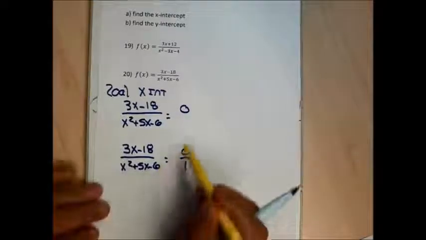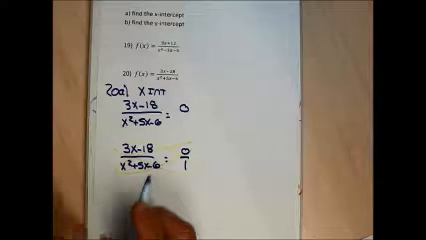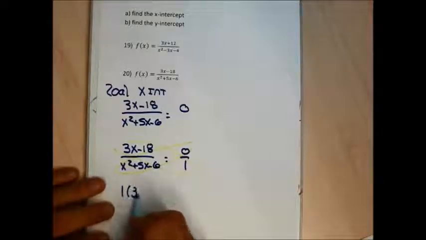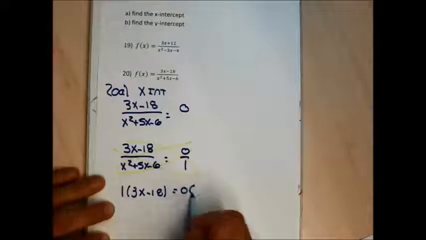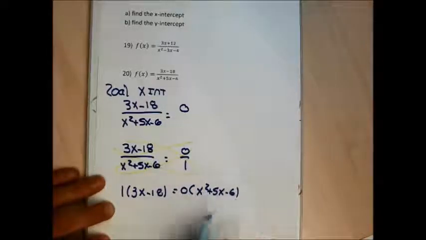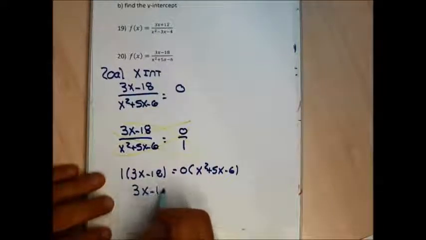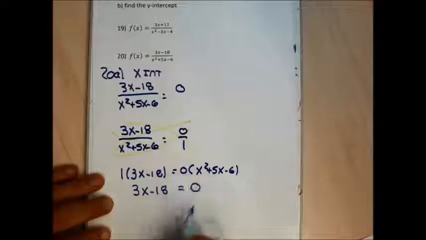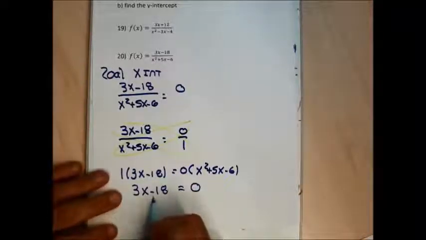And I'm going to cross multiply up and cross multiply down. Cross multiplying down, I get 1 times 3x minus 18. Cross multiplying up, you get 0 times x squared plus 5x minus 6. The left side, 1 times anything is itself. The right side, anything times 0 is 0. So I get 3x minus 18 equals 0.